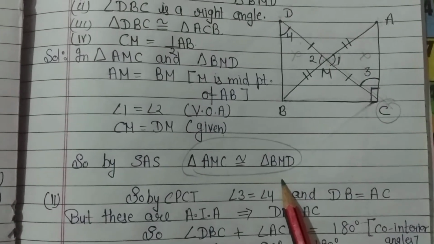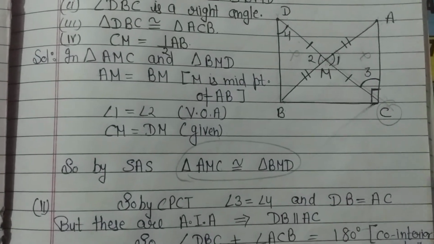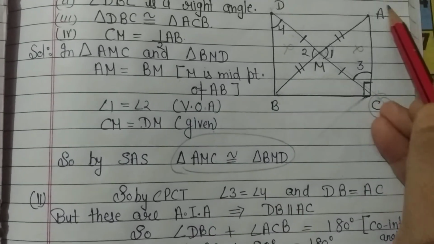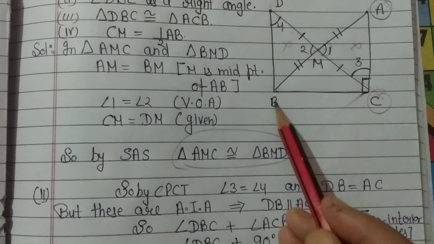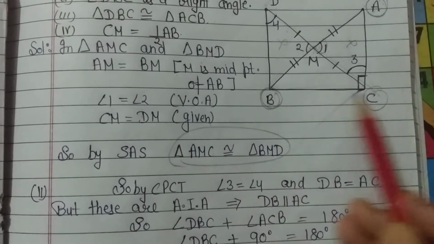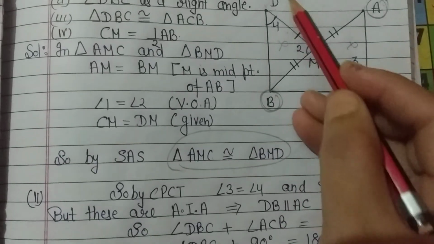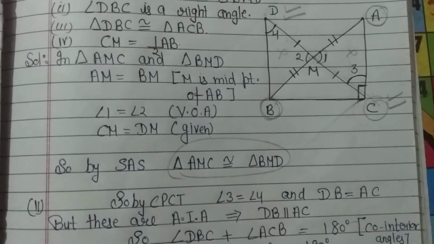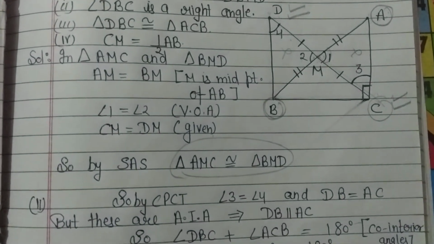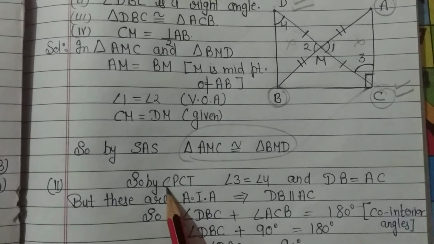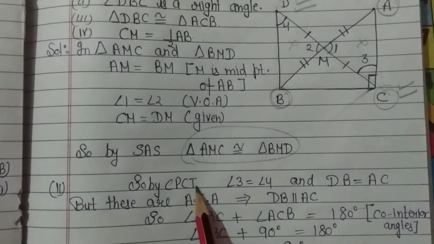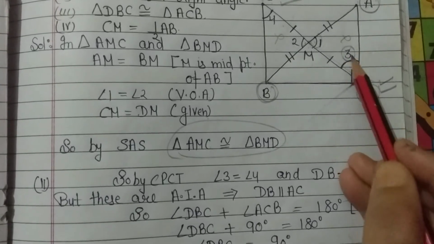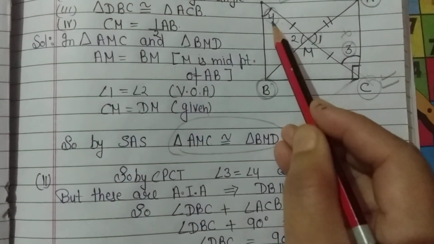Now see, according to the correspondence, point A is corresponding to B, and this point C is corresponding to the point D. So, if we want to say about the CPCT parts, the corresponding parts of the congruent triangles, we can say angle 3 is equal to angle 4.